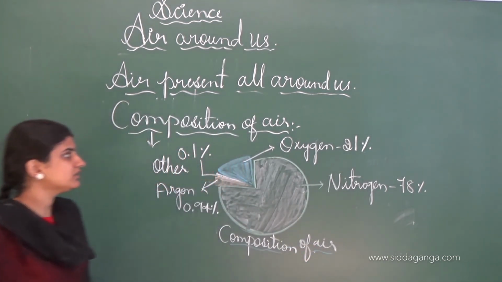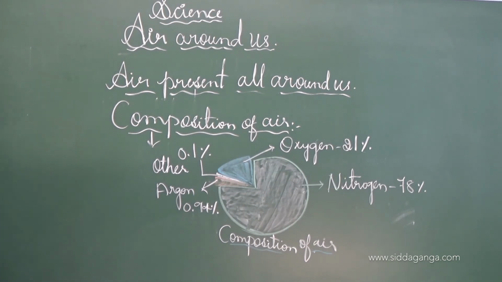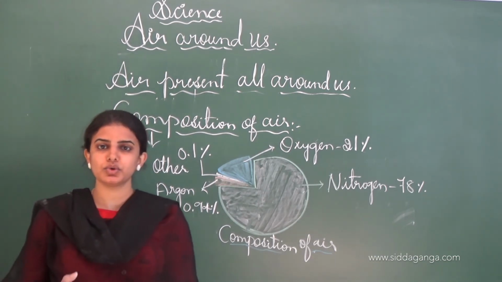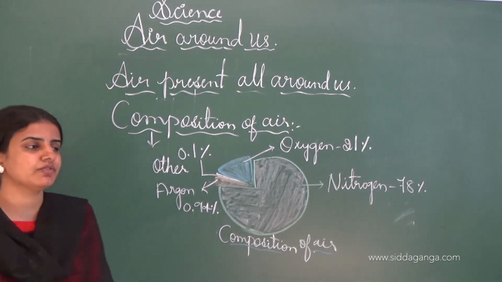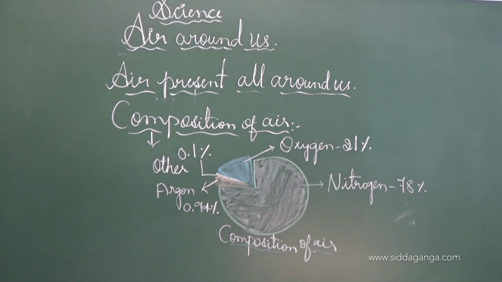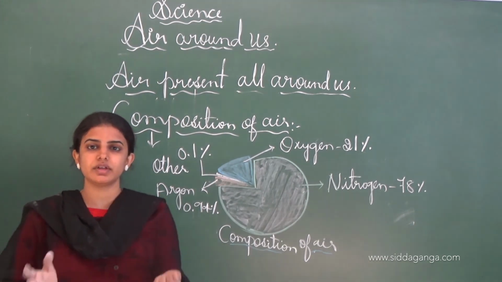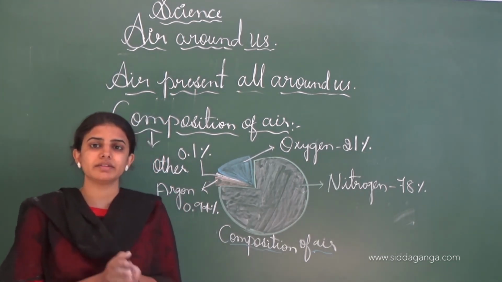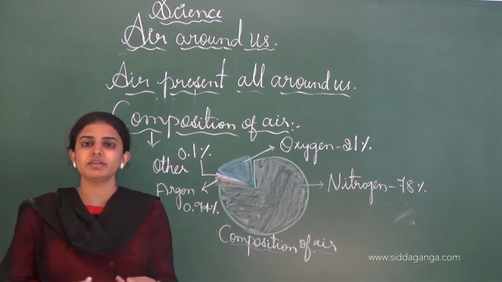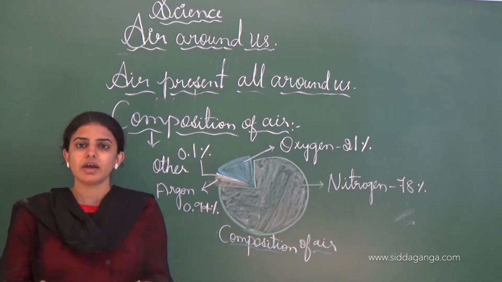In today's class we will learn about the presence of air all around us, and how wind is helpful for us. Air helps our body feel cool, and helps in drying clothes, and it helps for pollination, that is, transfer of pollen grains from the anther to the stigma, and thereby different flowers are pollinated.